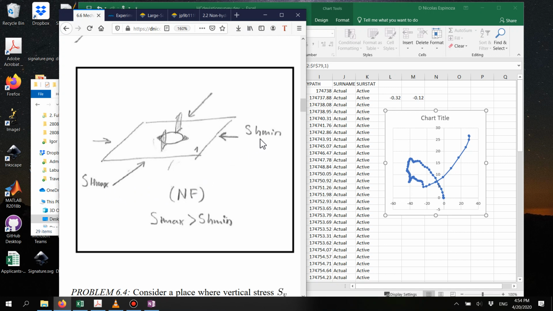SH max is higher than SH min, therefore you would expect tensile fractures oriented in the direction of SH max. These are the tensile fractures, and you would expect breakouts to occur in the direction opposite to the direction of the maximum principal stress, perpendicularly actually to that direction. So in this case, you would expect the breakouts to appear in orientations east and west, and the tensile fractures north and south.